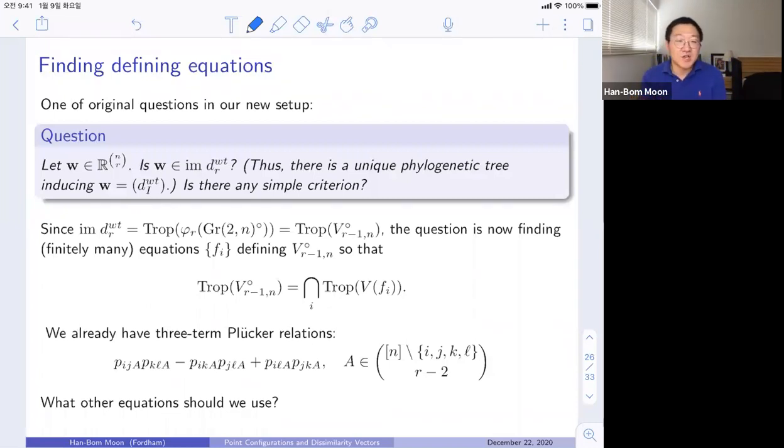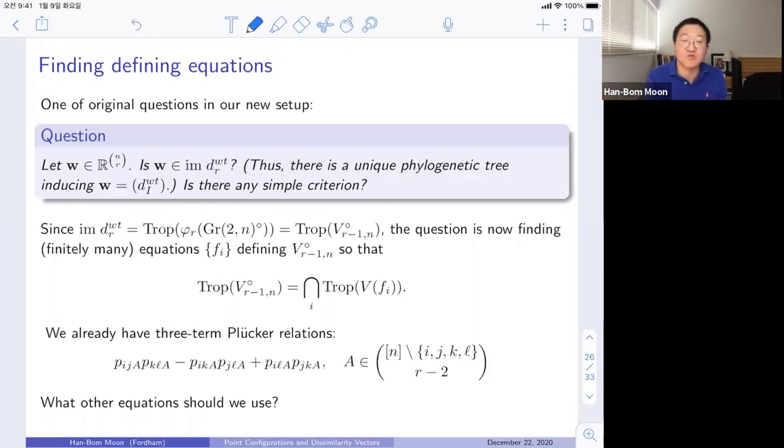Well, we know that the image of the weighted dissimilarity map is equal to the tropicalization of the Gelfand-MacPherson correspondence of V_{R-1,n}. But as I told you before, the defining equations of V_{R-1,n} and its Gelfand-MacPherson correspondence have a natural correspondence.